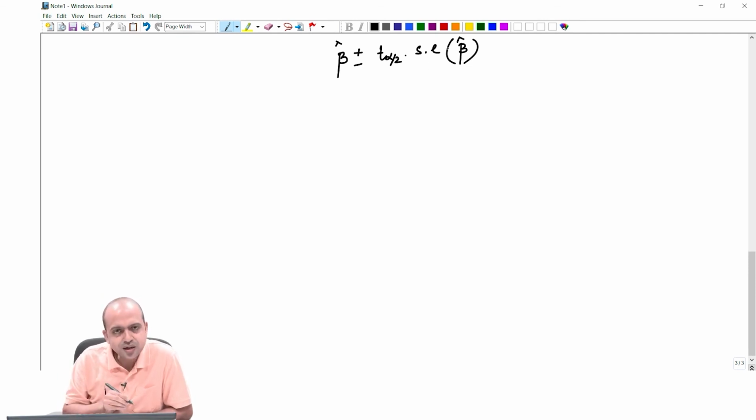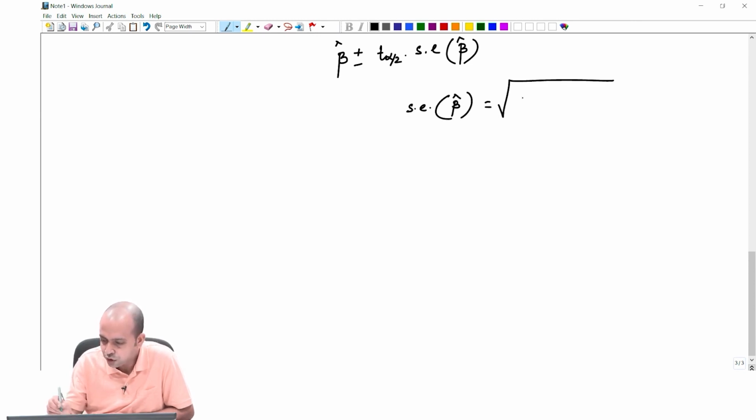since standard error of beta hat is playing a role there, we must also know how the standard error is calculated. See, standard error of beta hat is basically the root of variance of beta hat. And how is this variance of beta hat calculated?